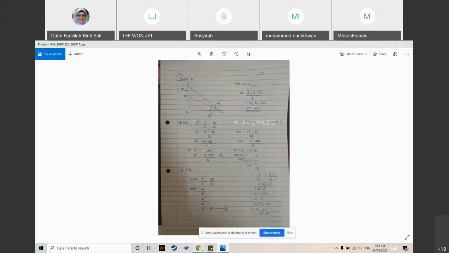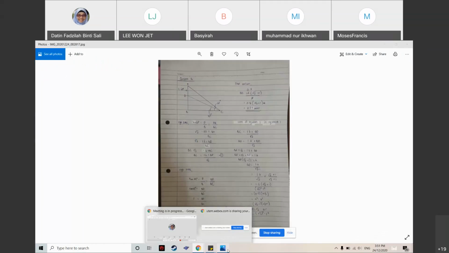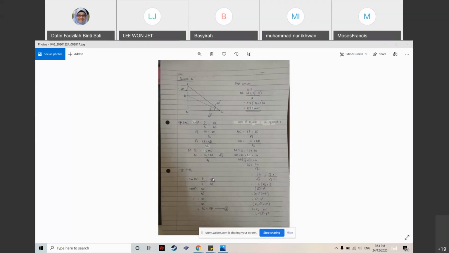Just now you had your tower on top of the building. This time you have a statue on top of the pedestal. So the pedestal is like a building also. But just now we wanted to find the height of the tower, and now we want to find the height of the building, which is the pedestal.